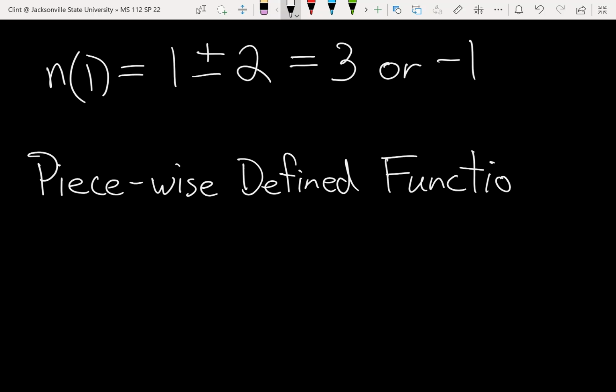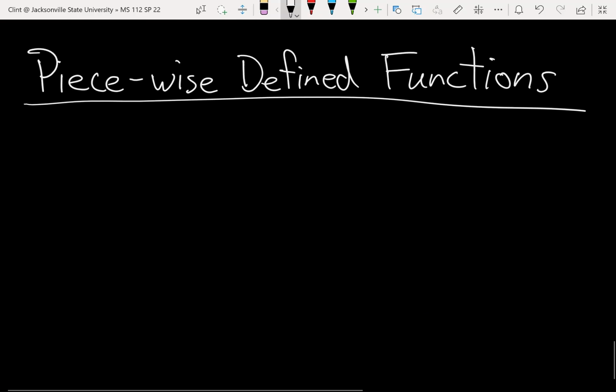And the thing about piecewise defined functions, why they get their name piecewise defined, is we'll switch what rule we use for our function depending on what input value we're using. Okay, so like if our input's in a certain range of values, we'll use one rule. If our input's in another range of values, we'll use a different rule. And that's okay, that's allowed. So let's look at one. They look scary, but they're not bad after you understand how to use them.